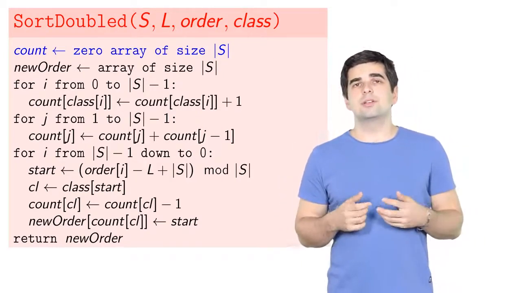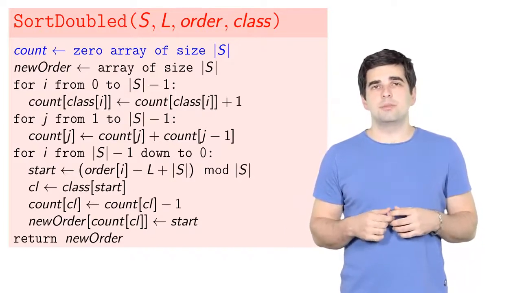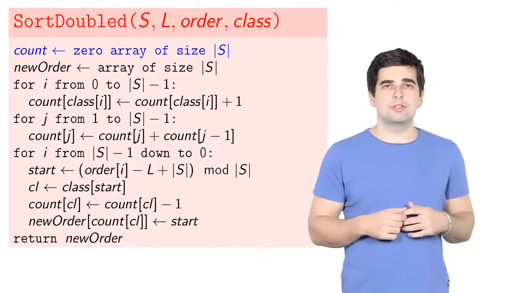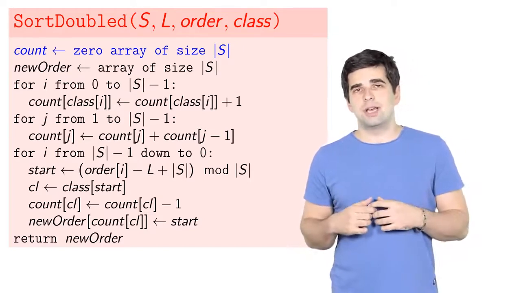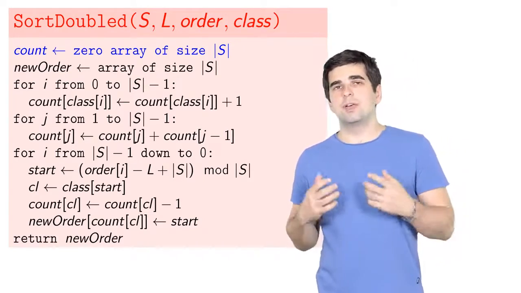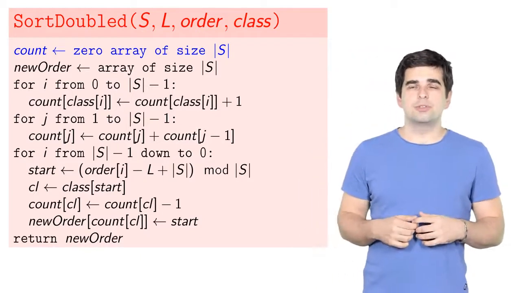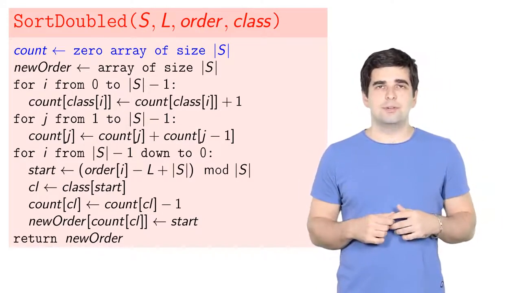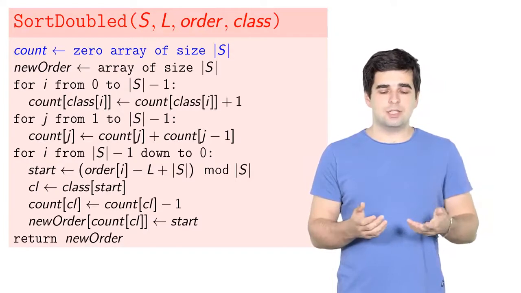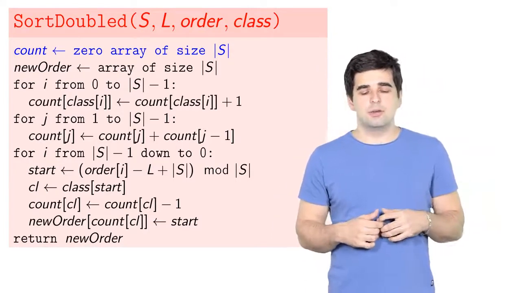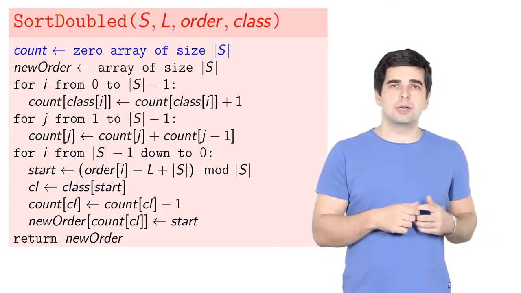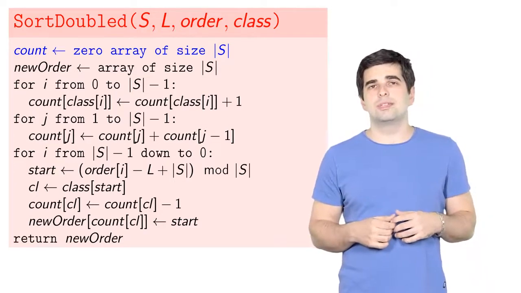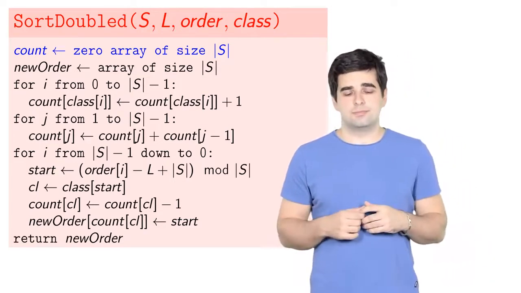This is the standard array for counting sort, but as opposed to the sort characters procedure, it will sort not characters but equivalence classes of cyclic shifts of length L. And there are at most length of S different equivalence classes. That's why we initialize the array with size length of the string, as opposed to sort characters where we initialized it with size of the alphabet.